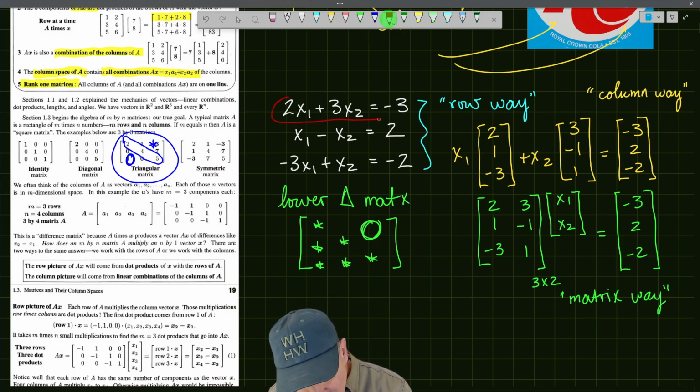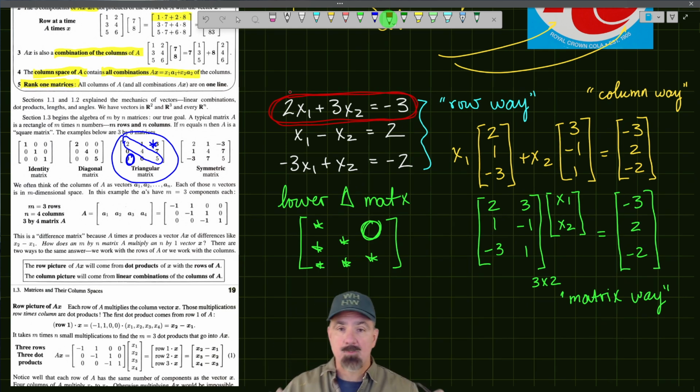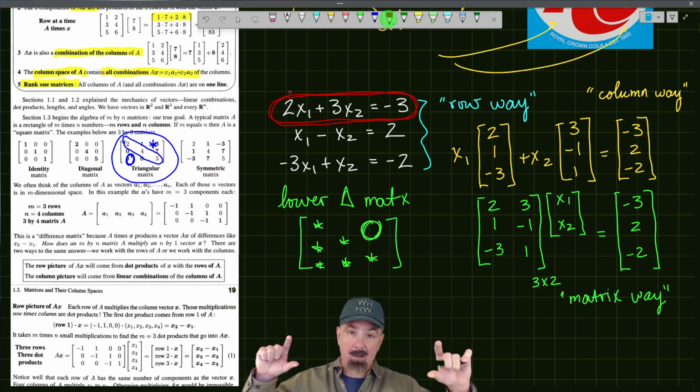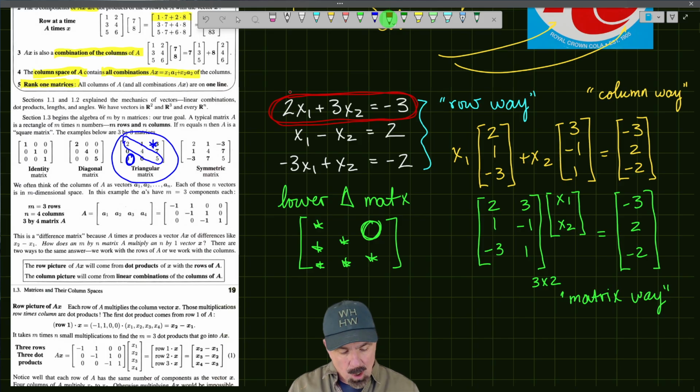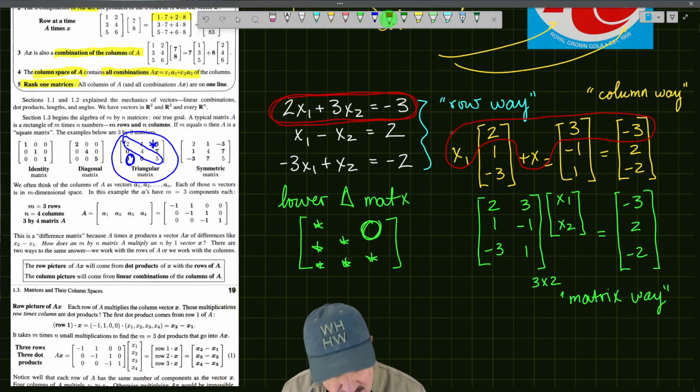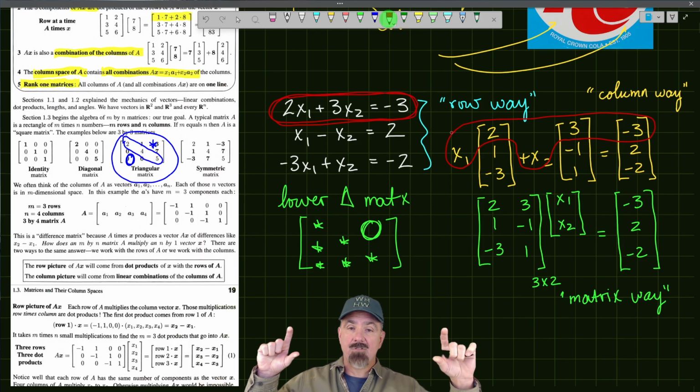You'll notice here's our first equation. And we're accustomed to looking at equations in this manner. We just have this set of mathematical expression with an equal sign in it. Well, that same equation exists in the column way when we think about this top set of numbers.